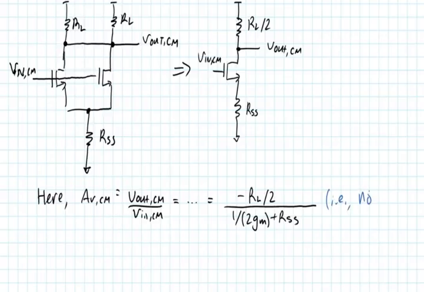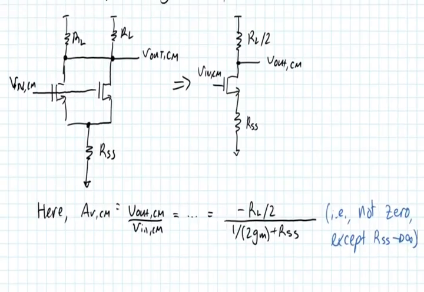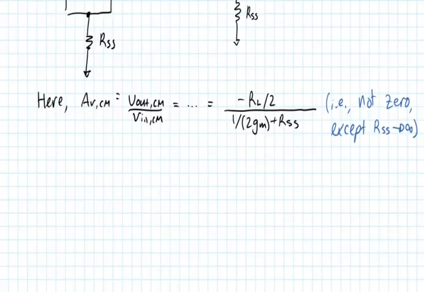So in other words, this is not 0, except in the extreme limit when RSS goes to infinity. And if that does happen, then this will go to 0. Okay. So the lesson here is that we didn't include much non-ideality. We just said that the bottom current source transistor has some finite output resistance, which we modeled as RSS. Okay.